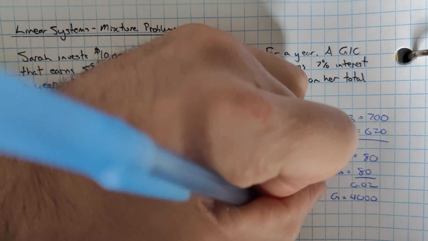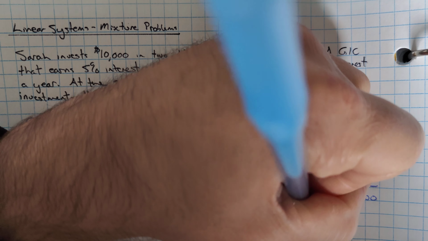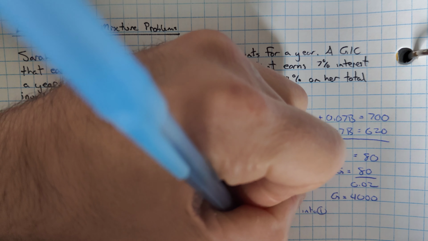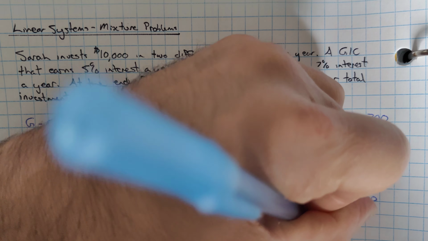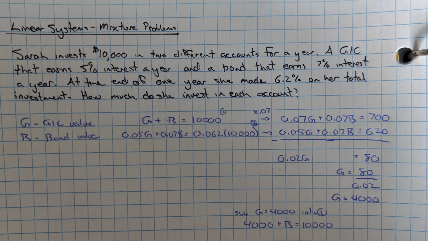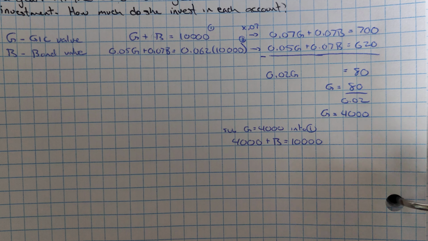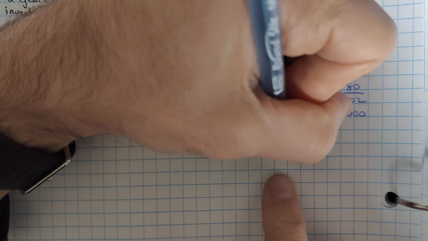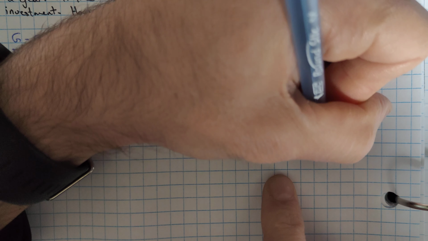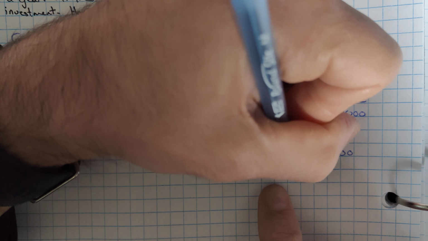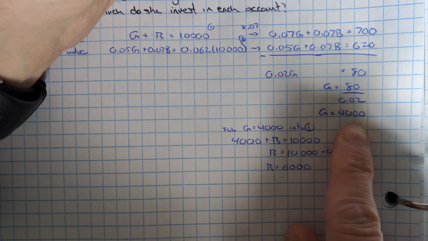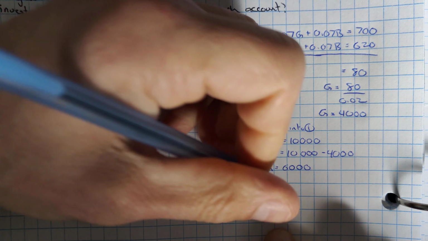So sub G equals 4,000 into 1, I get 4,000 plus B equals 10,000. And now I just need to move that over and subtract. So 10,000 minus 4,000 and B equals 6,000. So she's invested 4,000 into a GIC, 6,000 into a bond.